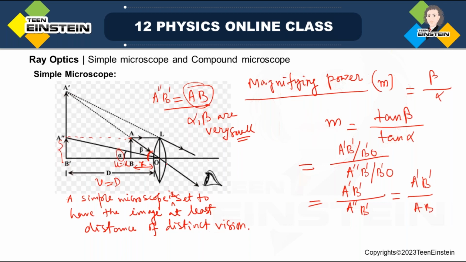So if I say the image height is H prime and the object height is H, this is actually the magnification, right?